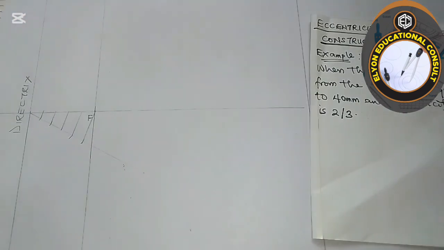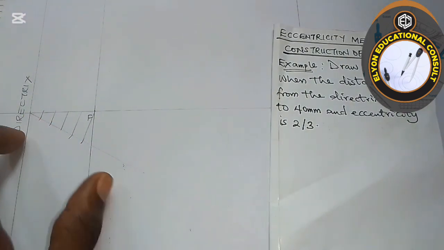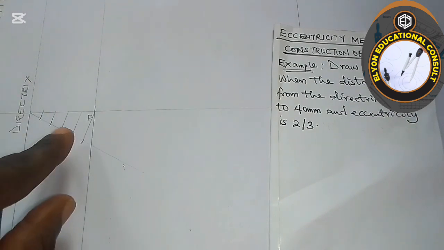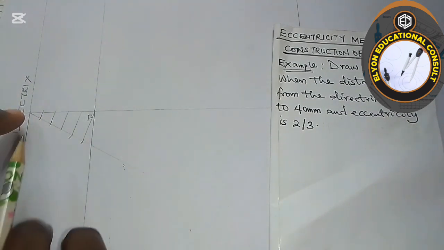So we have divided that into the total number of the ratio, which is 5.